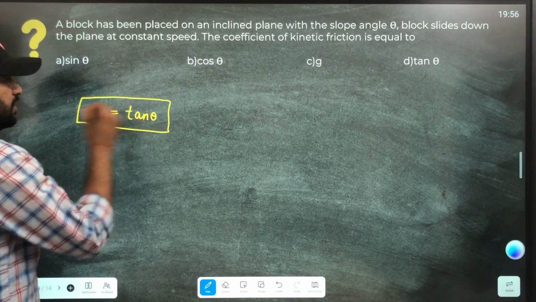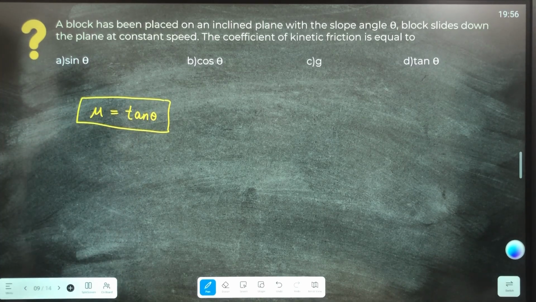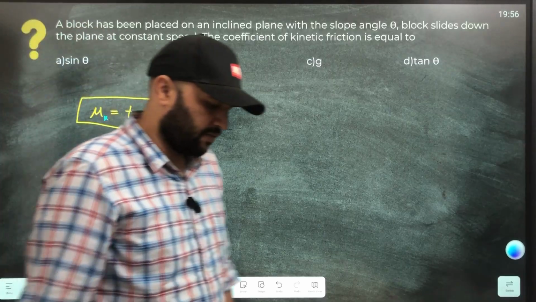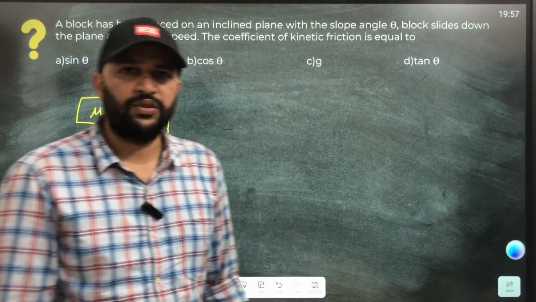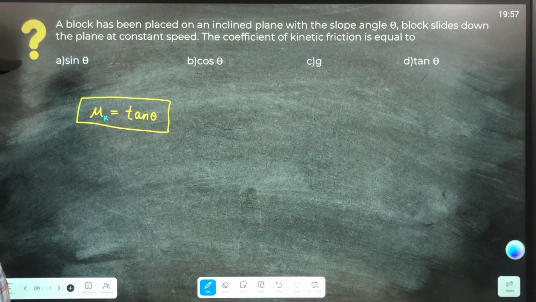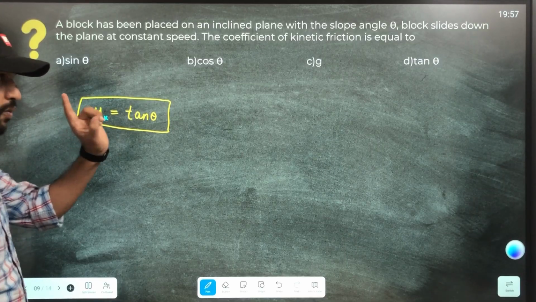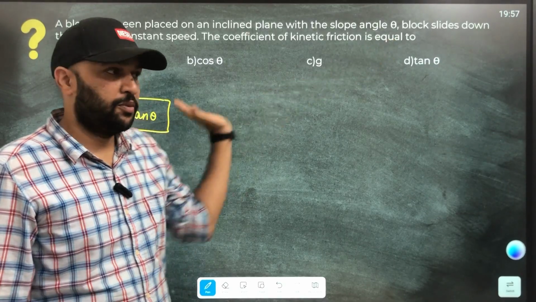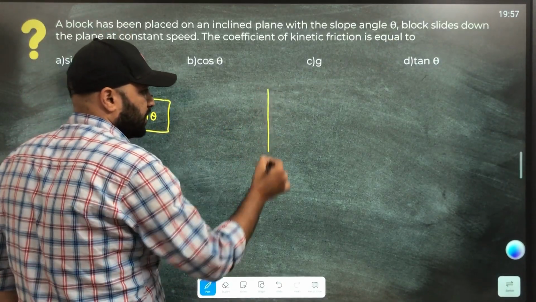Constant velocity means net force being 0, only in case of constant velocity. Let me prove this in case you have any confusion.